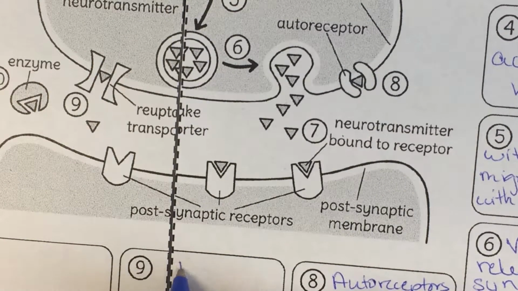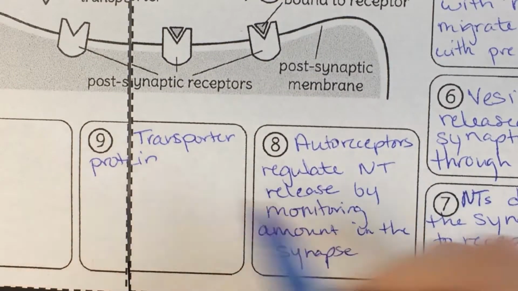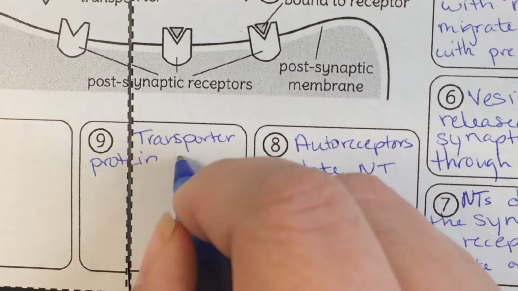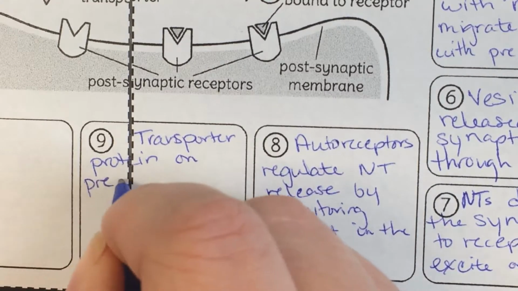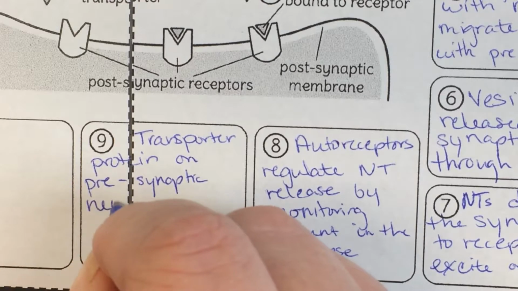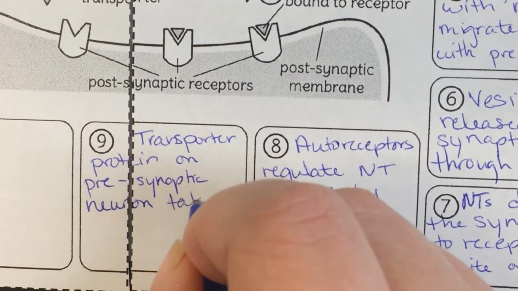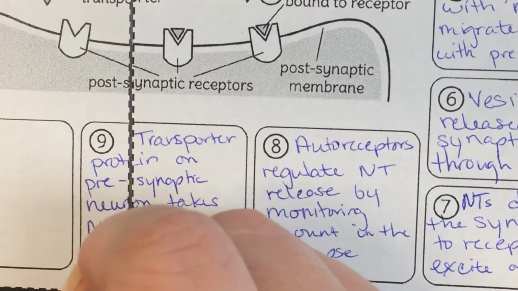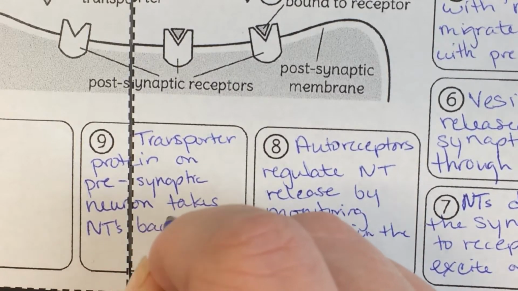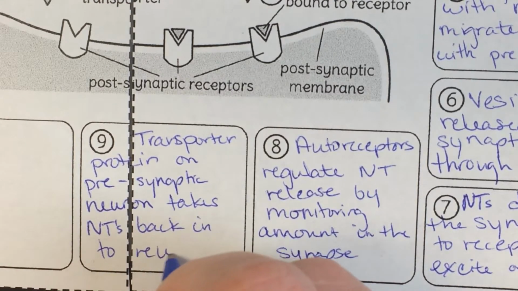So transporter protein in the presynaptic neuron takes neurotransmitters back in to reuse.